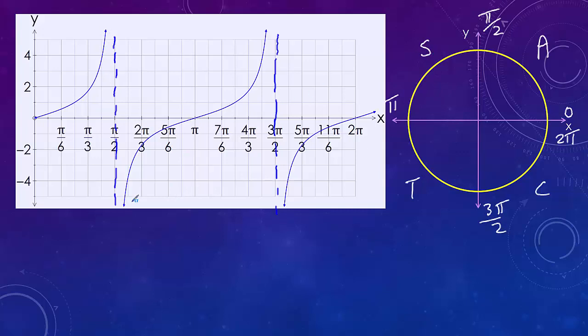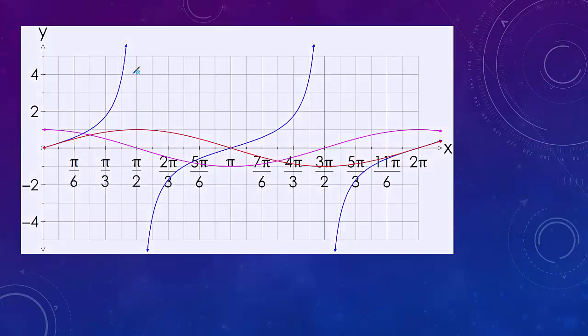In S we'd expect it to be below. So between pi by 2 and pi we can see the curve is below. Pi to 3 pi by 2 in the T quadrant we'd expect it to be above the axis, and indeed it is. And then from 3 pi by 2 to 2 pi in the C quadrant we'd expect it to be below, and there it is.